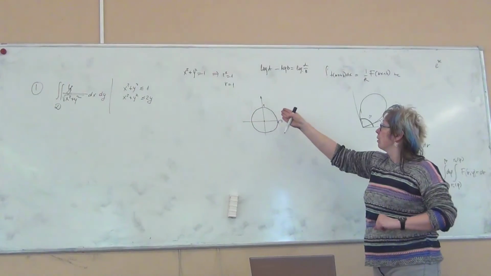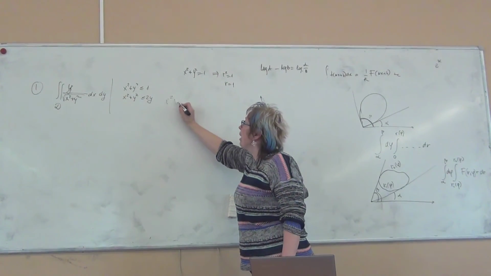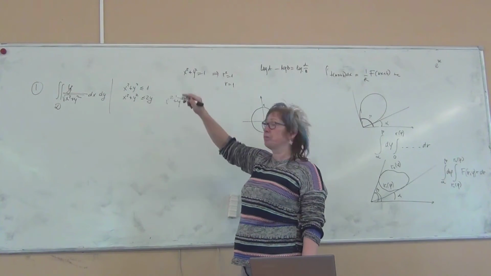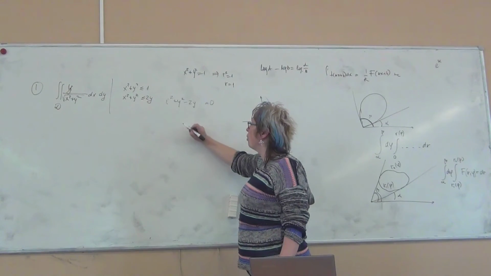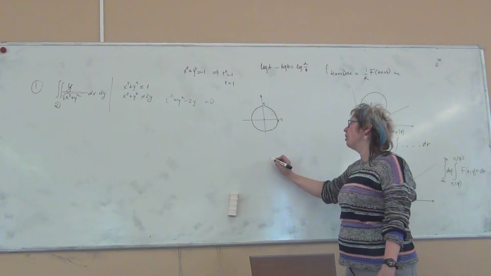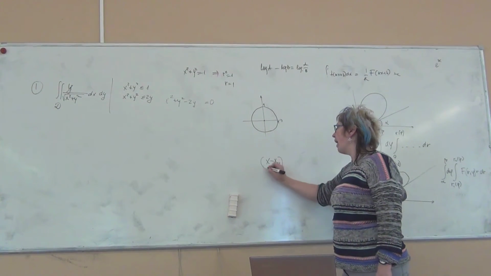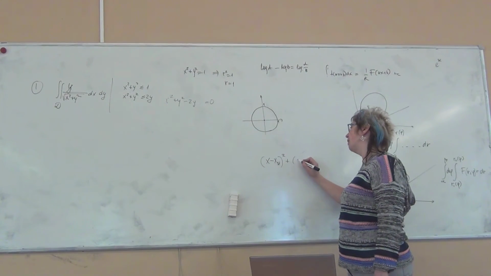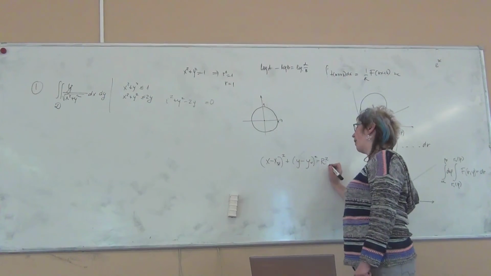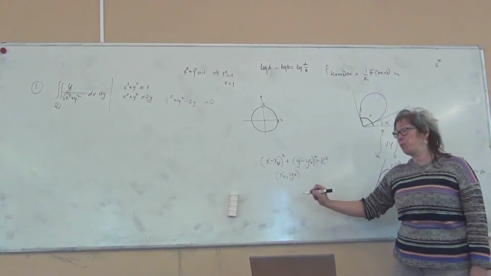This makes it easier. The second one though, x squared plus y squared, I will bring minus 2y to the left, equals 0. Now I would like to remind you that in general the Cartesian equation of a circle, x minus x0 squared plus y minus y0 squared equals r squared, means that the center of this circle is at this point.